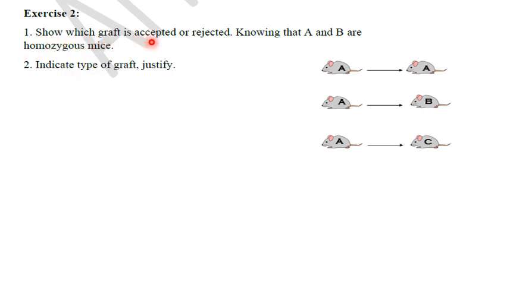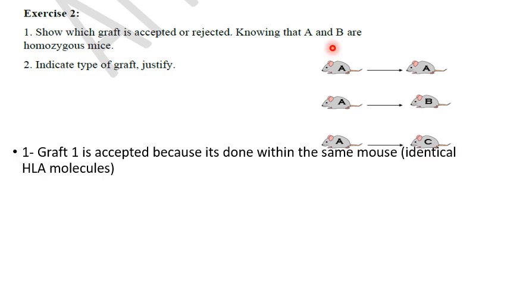Show which graft is accepted or rejected, knowing that A and B are homozygous. So graft 1 is accepted because it is done within the same mouse, which means they have identical HLA molecules.